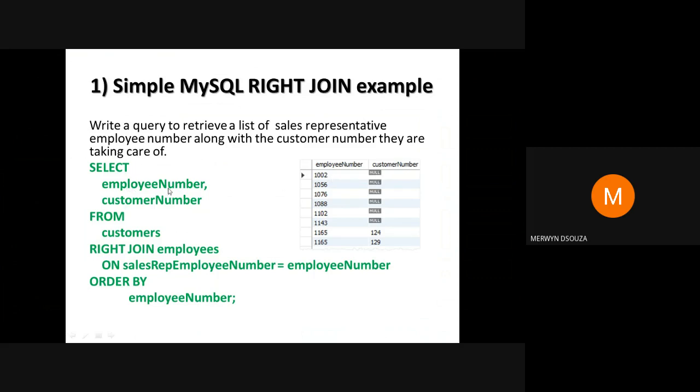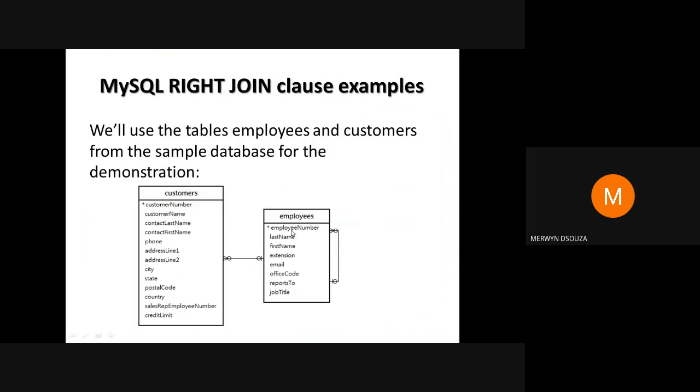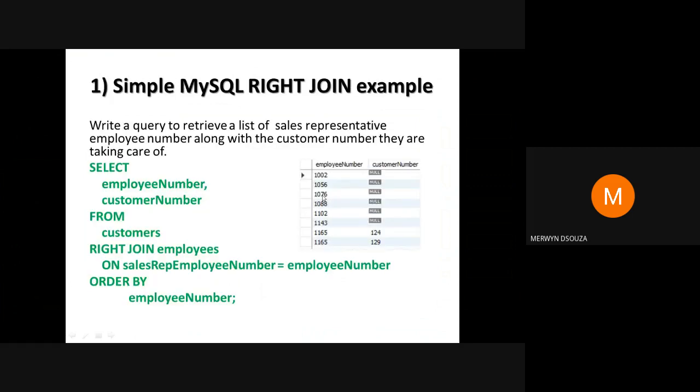Employee number is basically from the employees table, which is your right table. So all the employee numbers from the employees table will be displayed, as you can see here. All these numbers are displayed regardless of whether they have a matching value in the left table.